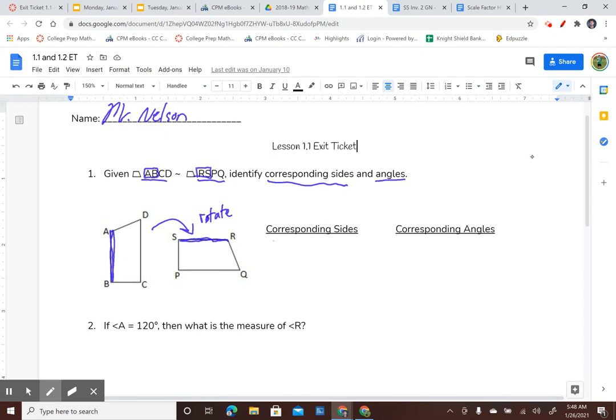So corresponding sides, AB and RS. Okay, what comes next? B to C and S to P. So those two sides would correspond as well.